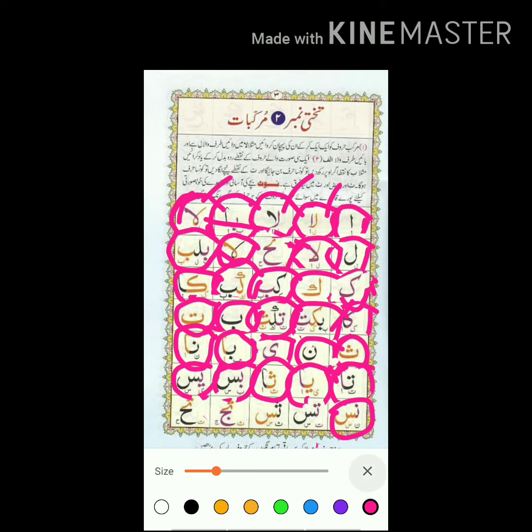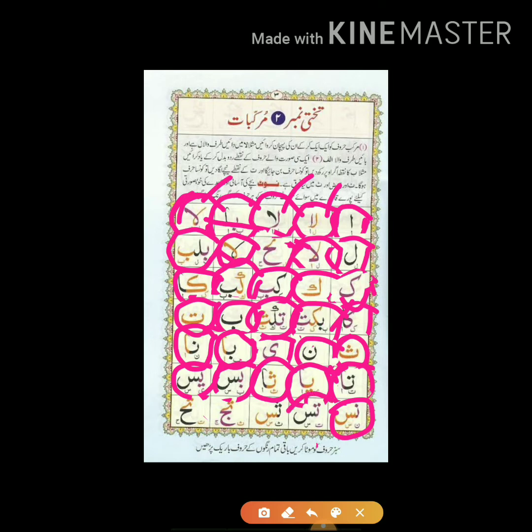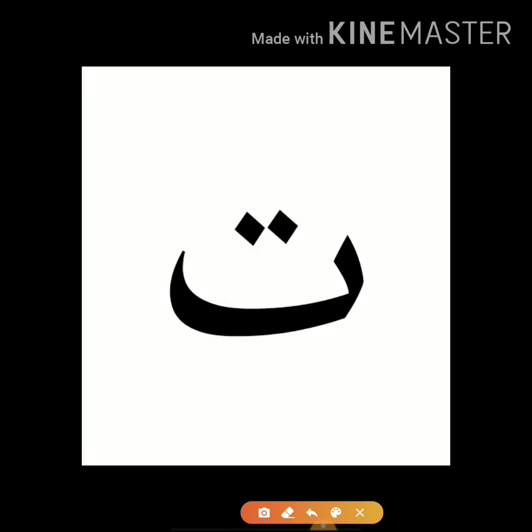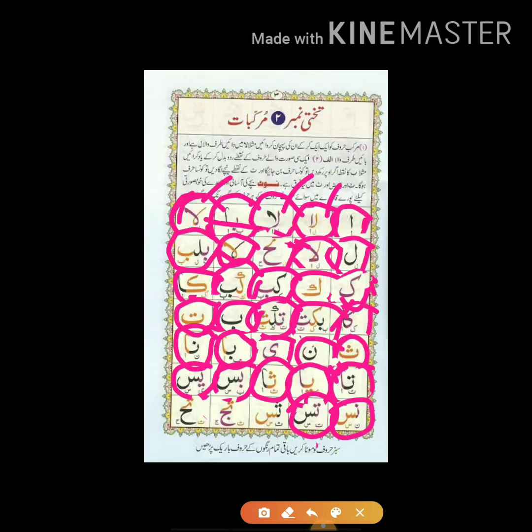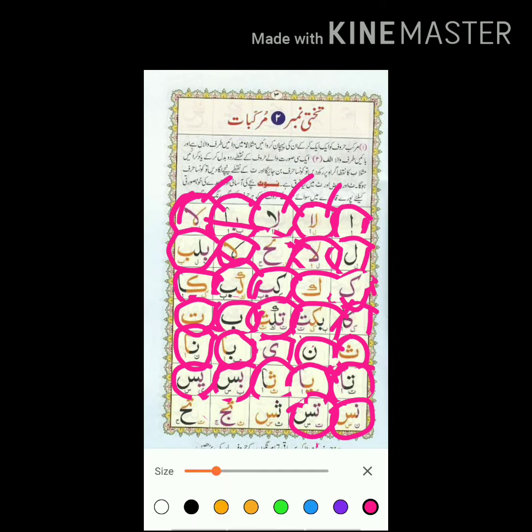Noon, sin, noon, sin. Now here we have two dots above a boat-like shape, and the sound is ta. Ta, sin, ta, sin.